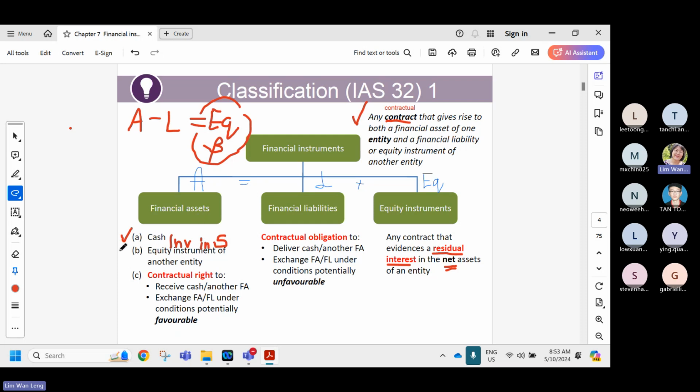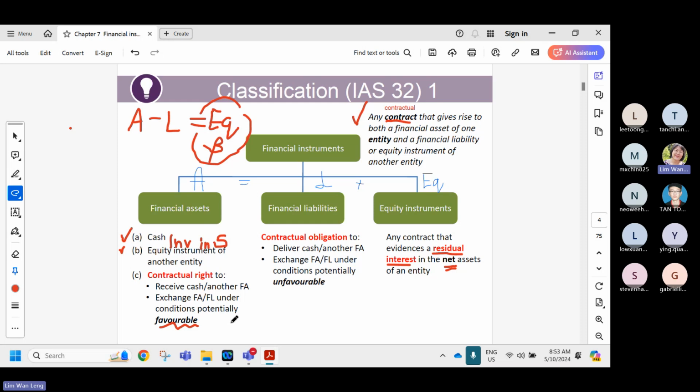Okay, and part C here gives you the general definition of what constitutes a financial asset. They tell you that for a financial asset to be classified in the books under IAS 32, it must have a contractual right to receive cash or another financial asset, and this exchange will be conducted under conditions that are potentially favorable.